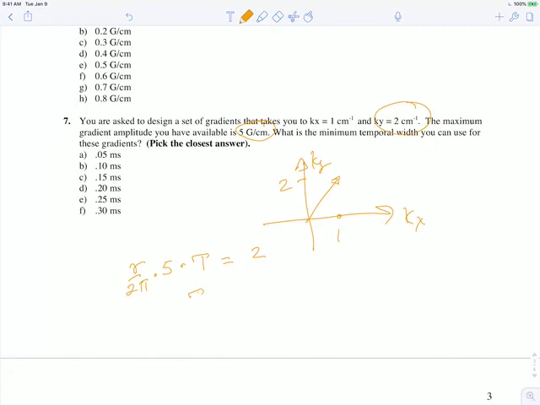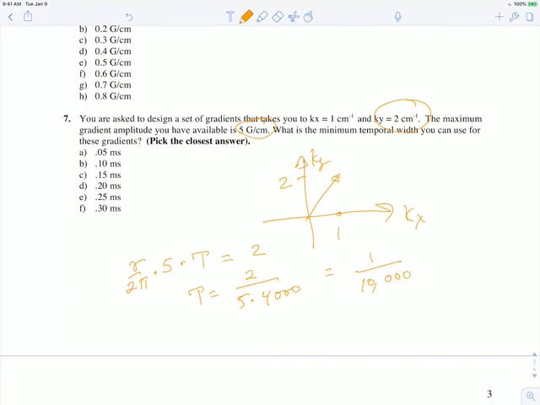So then t is equal to 2 over 5 times 4,000, which is equal to 1 over 10,000. So that's the correct answer there.